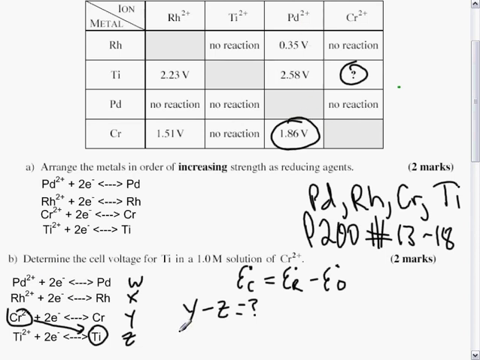So W minus Y is equal to 1.86. As well, for the titanium, or Z, this reaction, which would be W minus Z, is equal to 2.58.